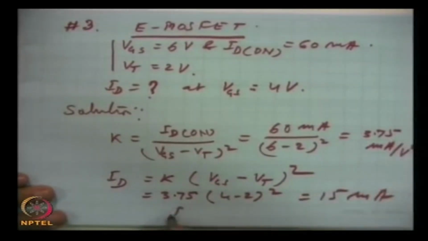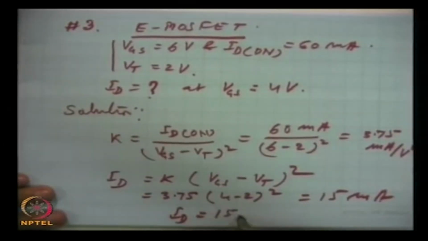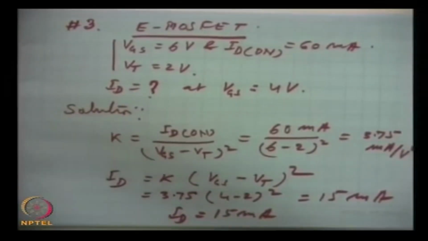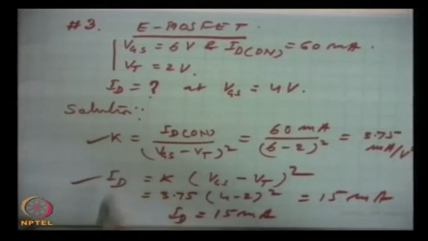So, ID is equal to 15 milliampere. This is what we were supposed to determine. So, this was the problem on EMOSFET, and similarly it can be on DMOSFET, and such expressions can be used there too.